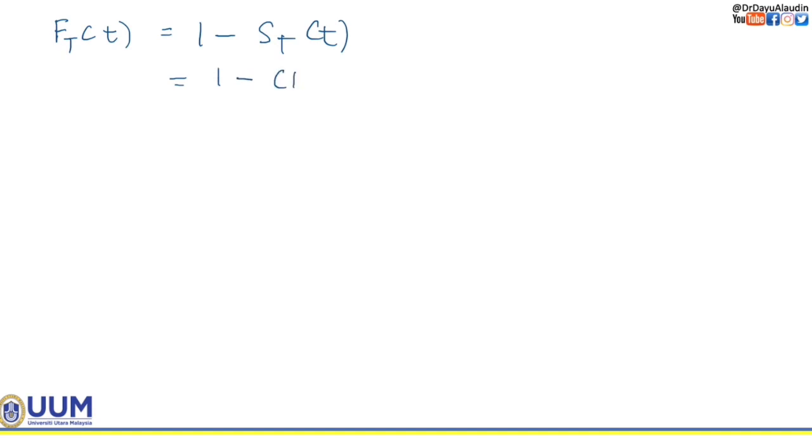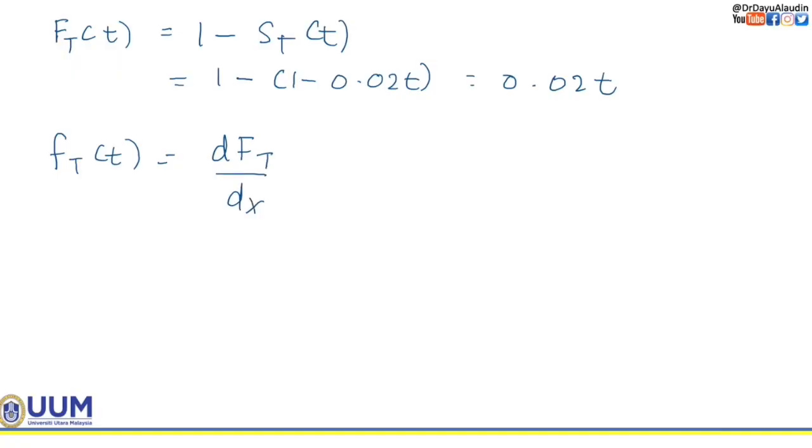So 1 minus (1 minus 0.02t). So the CDF is equal to 0.02t. And then we can find the PDF. So the PDF is f(t). We differentiate the CDF and we will get the PDF.